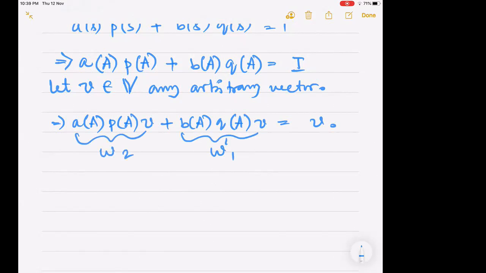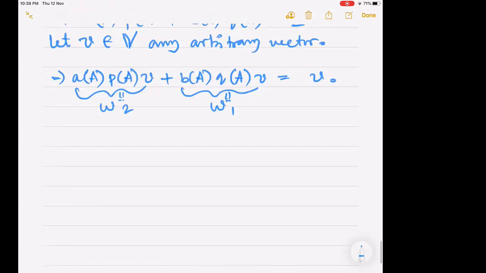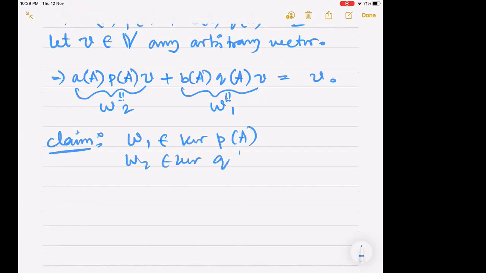Define, right? Claim: w1 is in the kernel of PA and w2 is in the kernel of QA. Want to verify?